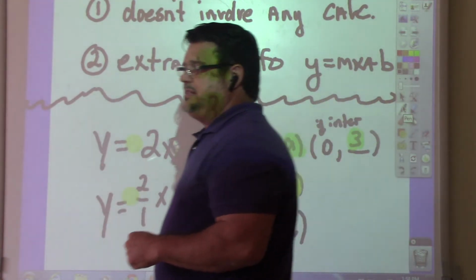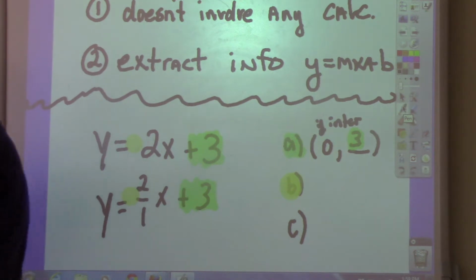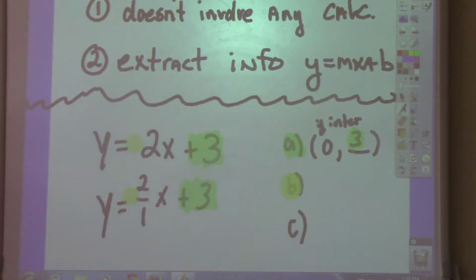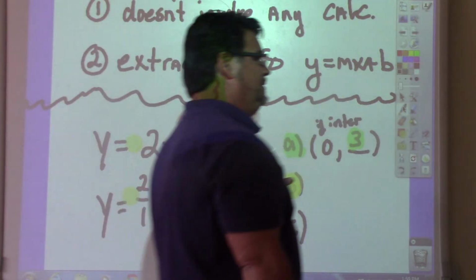Just tell me how many sides of a hill there are. 2. What are they? Positive and negative. Uphill and downhill. Is there anything else? No. Depends on which way you're looking. If you're standing on top of the hill, which way are you going to be going? Downhill. If you're standing at the bottom of the hill, which way are you going to be going? Okay. Let's not make that complicated.